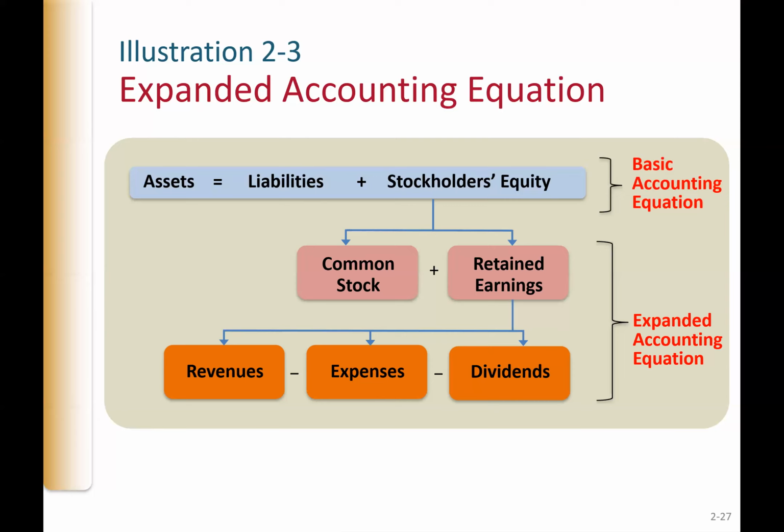Do you remember that? Well, what is net income really? Net income is increase in revenues and decrease in expenses. So net income is basically revenues minus expenses equal net income. And then also our dividends, we subtracted in our retained earnings section.